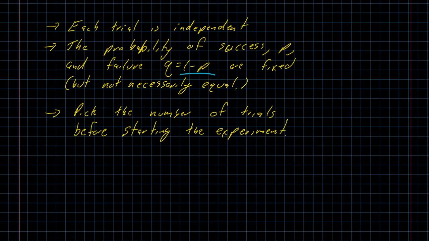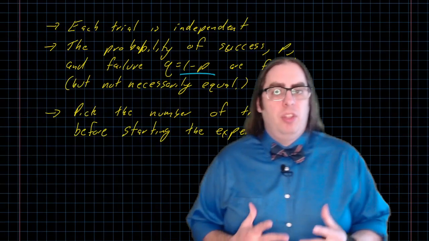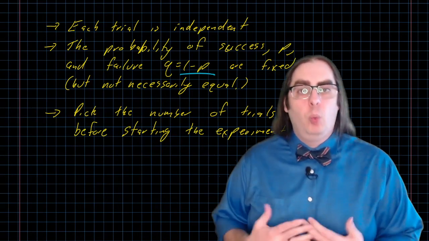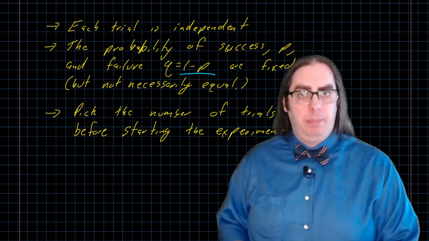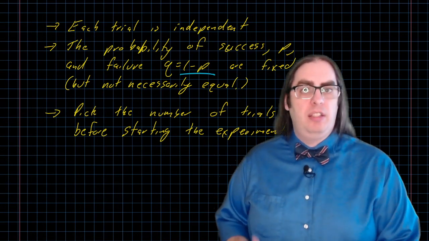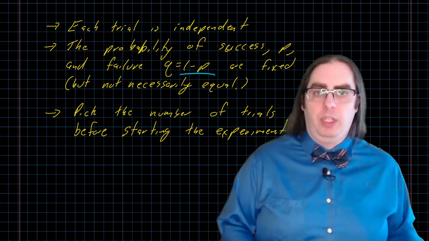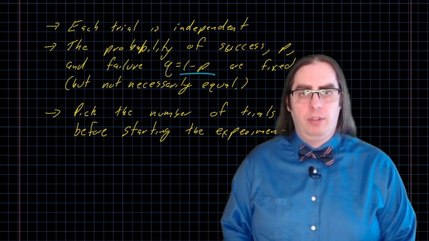Going back to the experiment of surveying people entering the mall that I was talking about before, this last assumption tells us that we have to go out there and decide we are going to survey 50 people. And we're going to work until we get 50 people who give us a response, whether the response includes what we're looking for or not.